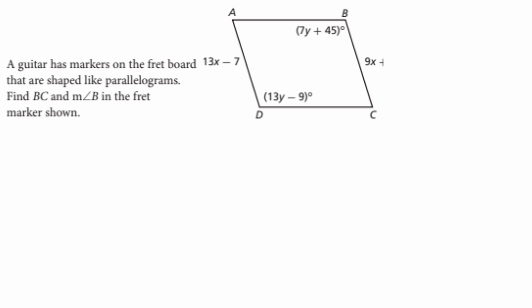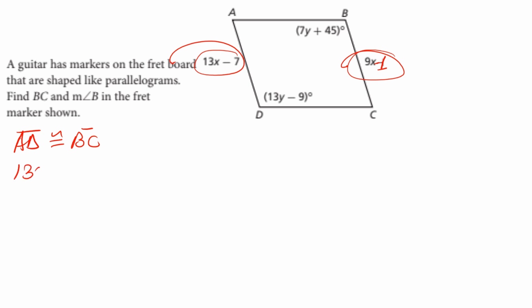Last question, a guitar has markers on the fretboard that are shaped like parallelograms. Find BC and angle B in the fret marker shown. So AD is congruent to BC. It's not very clear, but take it as minus 1. So what is AD?